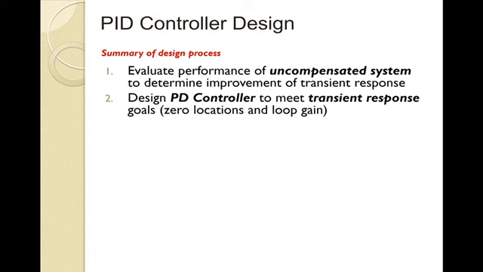Next we can go into the proportional derivative controller. So our GC right here, focus on the proportional derivative part. What we're going to do there is meet the desired transient response goals. So we're going to look at zero locations and loop gain as part of that design step. Then we're going to simulate the system. Remember, in previous modules, we showed columns of the uncompensated versus compensated system, and then in the parentheses was the actual simulated results.